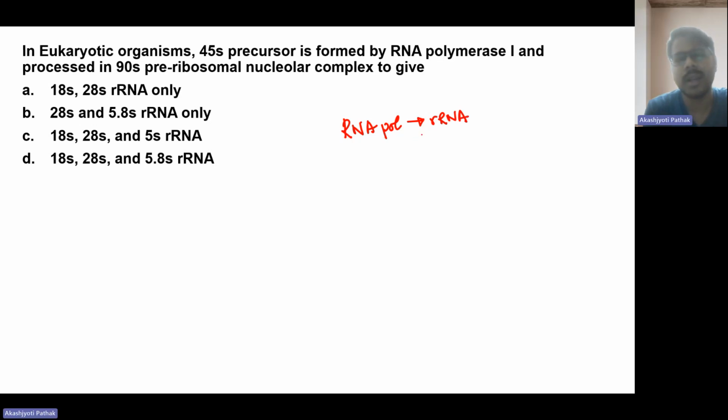In rRNA there are several rRNAs, which you have seen when we were discussing the structure of the ribosome. In eukaryotes there are three main rRNAs, right? These are 18S rRNA, 28S rRNA, 5.8S rRNA, and the 5S rRNA.